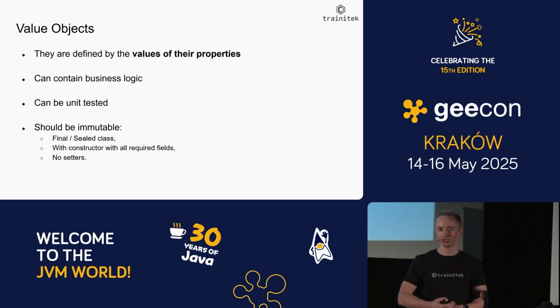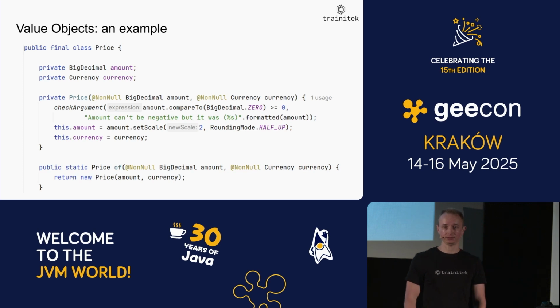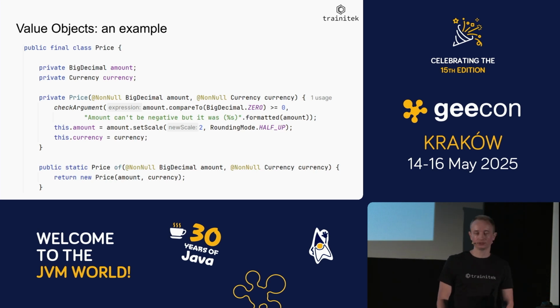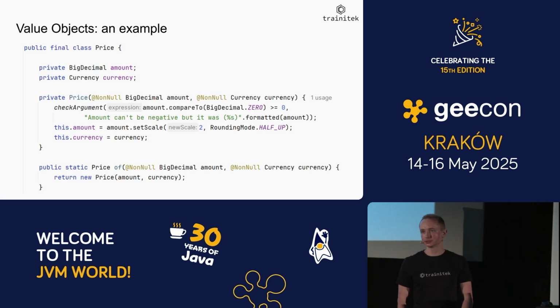You can't change them. They can be unit tested and can contain small pieces of business logic as well. For example, we have a price, and the price consists of amount and currency. There is a constructor with just a small piece of business logic that says, okay, we want to round all the prices because we don't want to have, for example, price 100.999999.